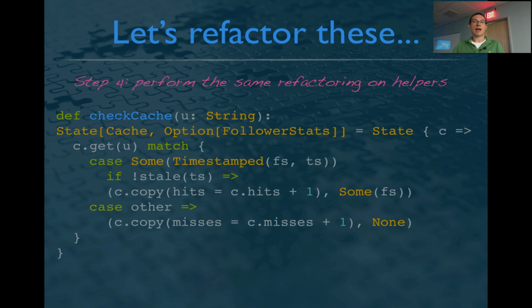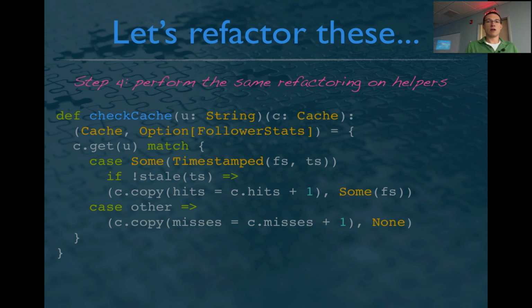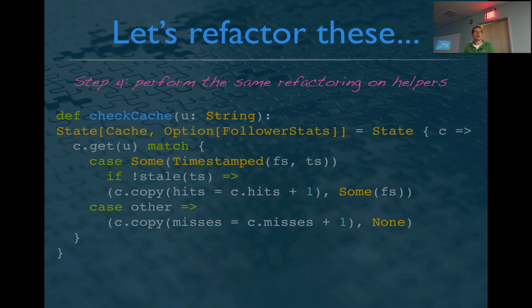Okay? And now the body itself has to be lifted. So notice here, this was just your normal looking function from before, nothing fancy. We're going to strike C, change the return type to state, and now make the body a lambda expression that says, give me a C. But the rest of the slide didn't change. So again, you could write a macro to do this in your editor.